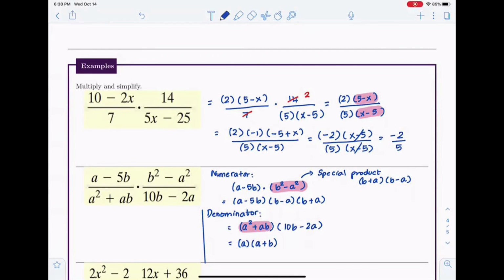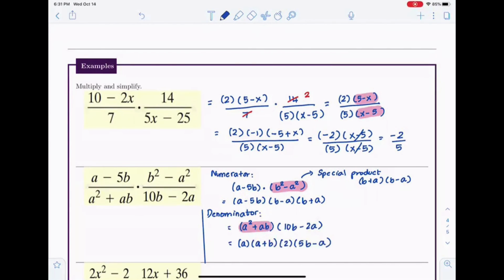In the next factor, which is 10b minus 2a, we have 2 in common. So if we pull 2 out, we have 5b minus a. So we end up having a times a plus b times 2 times 5b minus a. Let's put the numerator and denominator together and see if something gets cancelled.